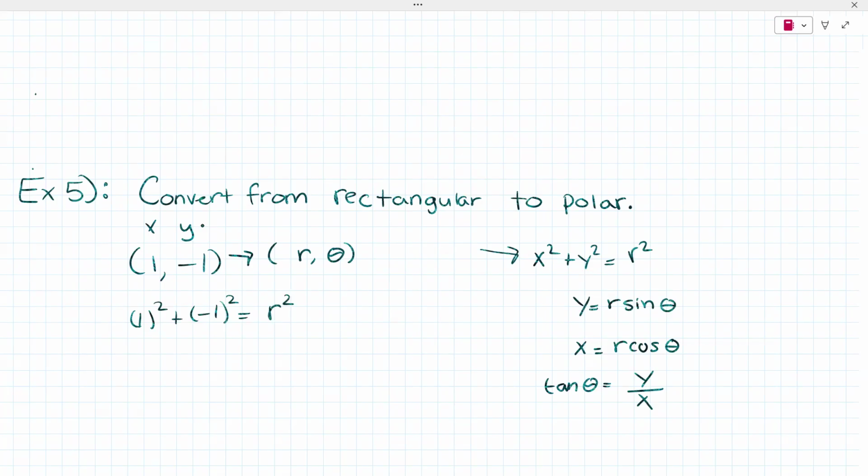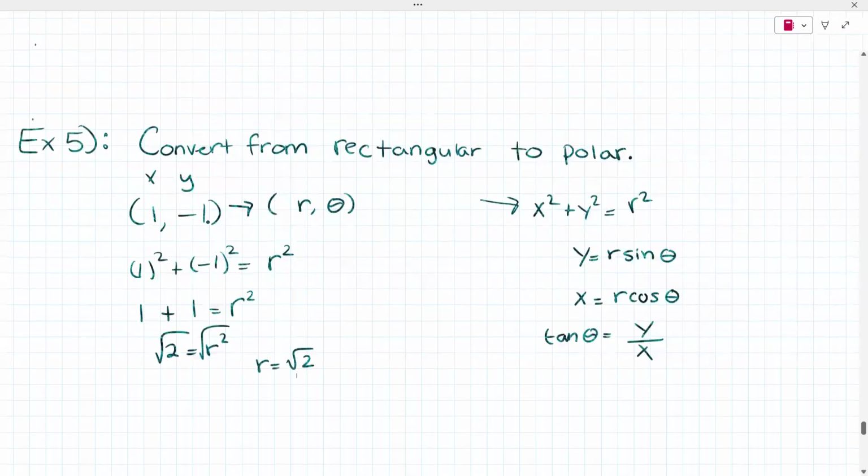We know that 1 squared is 1, and negative 1 squared is 1, and then 1 plus 1 is 2, equals r squared. If you solve for r, you take the square root to solve for r, and you get r equals square root of 2. Okay? So we have our radius.